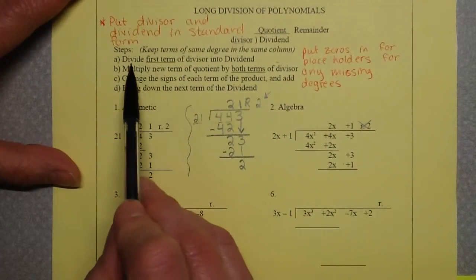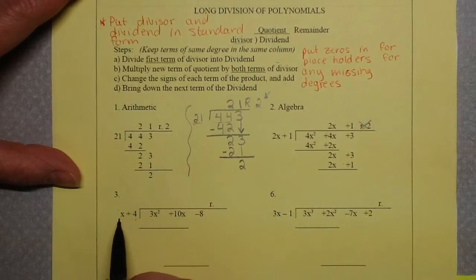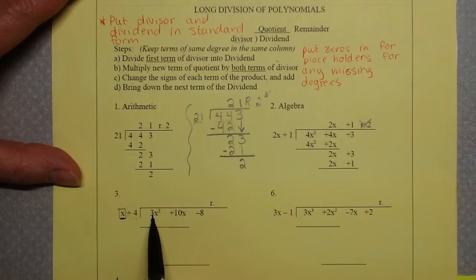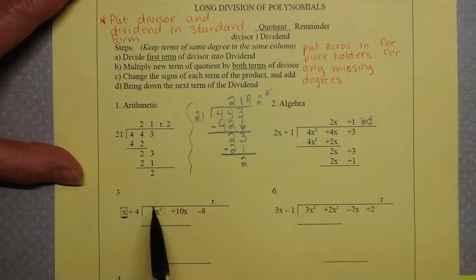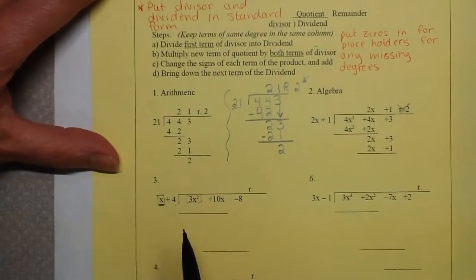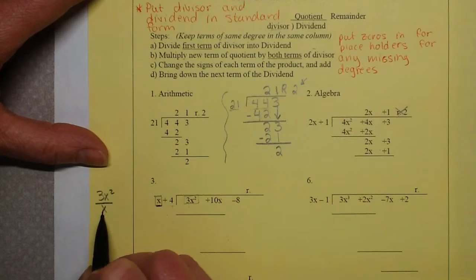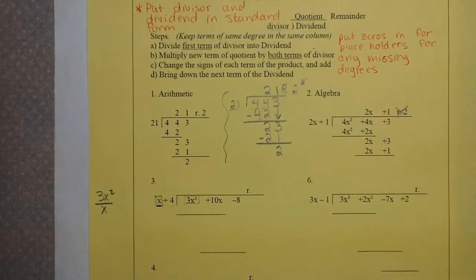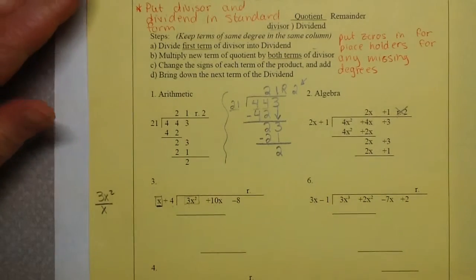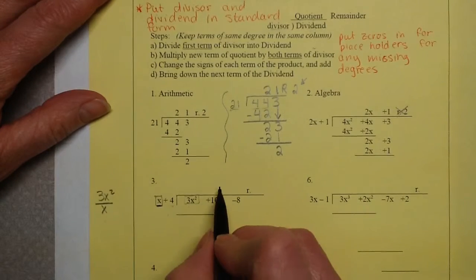So what we're going to do is divide the first term of the divisor, which is just this x. We're going to say how many times does x go into the first term of the dividend. Off to the side, I'm going to say 3x squared divided by x. What does that equal? Well, 3x squared divided by x is just going to give us 3x. I'm going to put that up here.